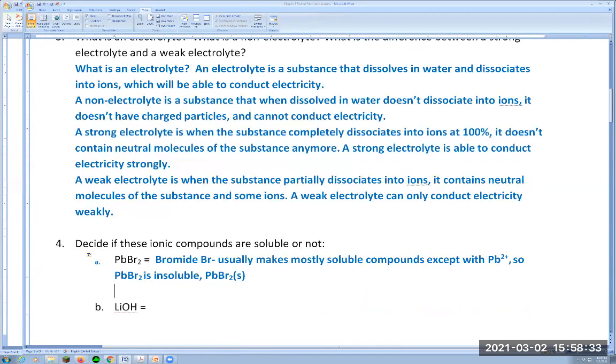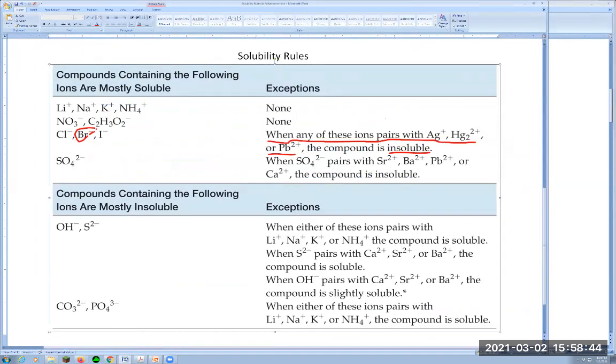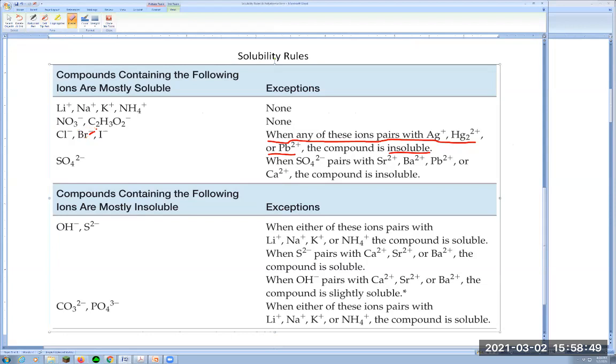The second one is LiOH. In LiOH, you recognize the lithium, and then OH− is the hydroxide ion. If we pay attention here, where is Li? Li is here. So Li is part of the mostly soluble compounds, and there is no exception.